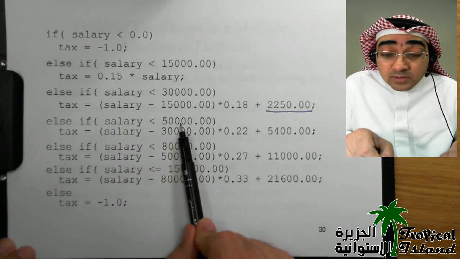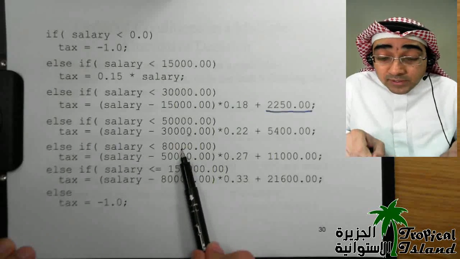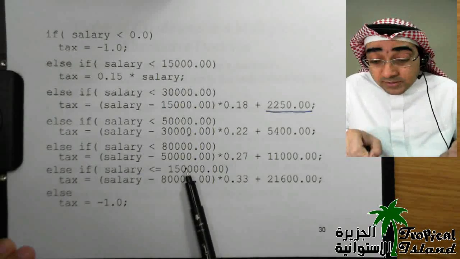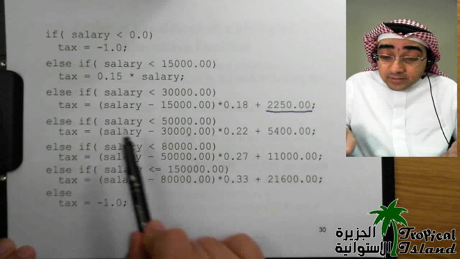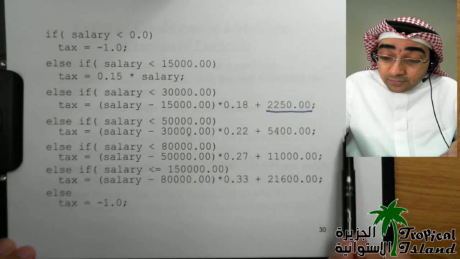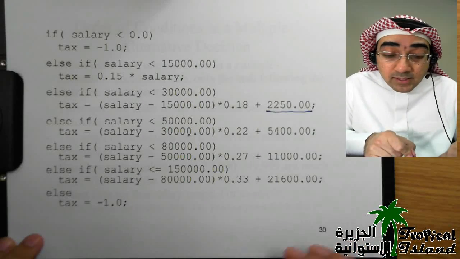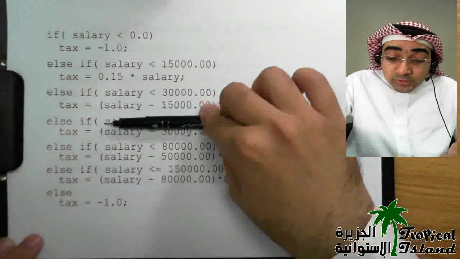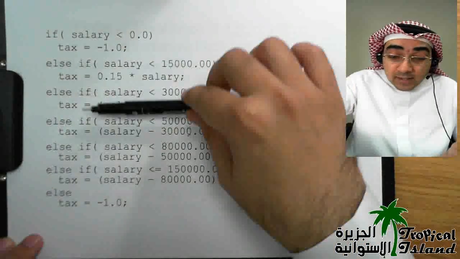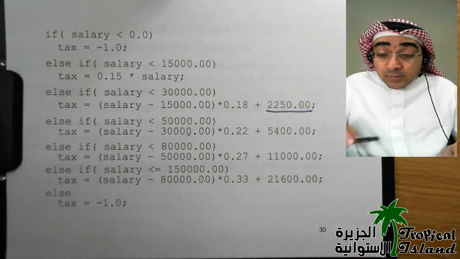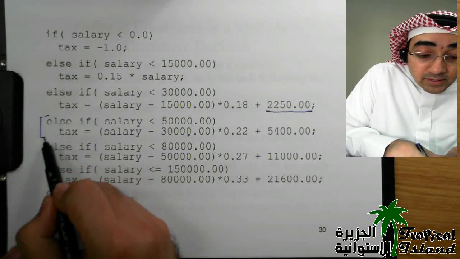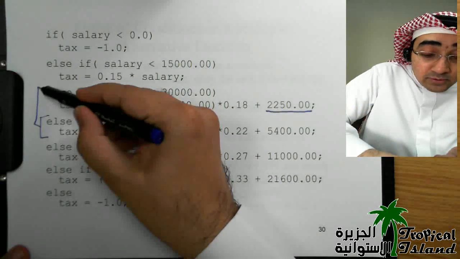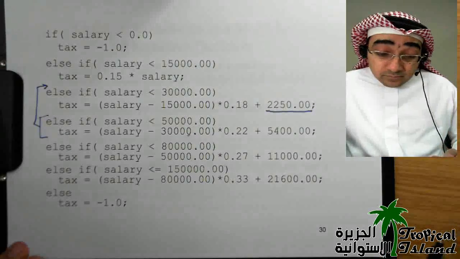Yes. 20,000 is also less than 80,000. But I do not calculate my taxes based on those. I only calculate based on this one, and when I finish over here, I jump out. So the order in which you put the else ifs is very important. So suppose now that you take this and you write it here.